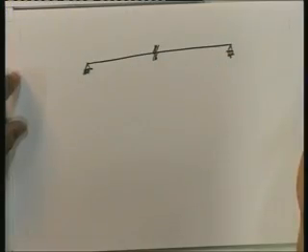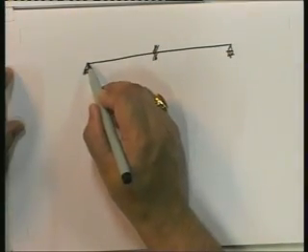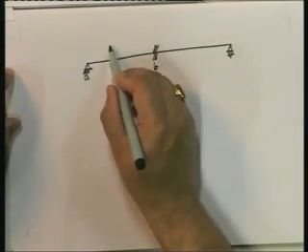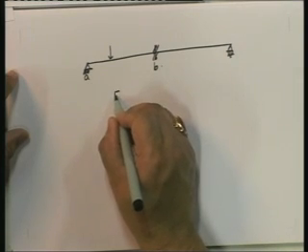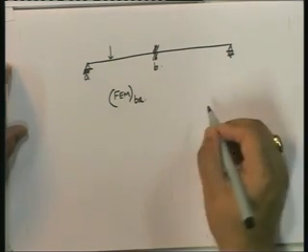Okay. Now in this particular case, what we see is that, look, the load could be between A and B. Suppose the load were between A and B. What would happen? You would get fixed end moment at BA.